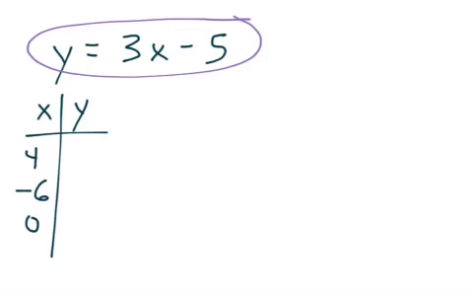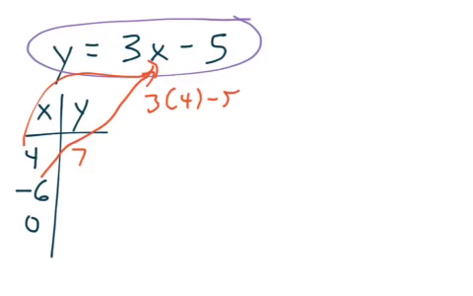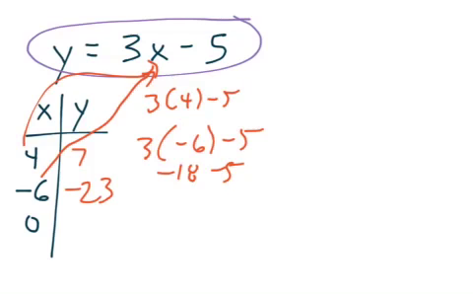And so let's start by putting 4 in there. And hopefully you agree, 3 times 4 minus 5, well, that's 12 minus 5, or 7. And then we're going to put in the negative 6. And we're going to get 3 times negative 6 minus 5. Now that's negative 18 minus 5, which is negative 23.